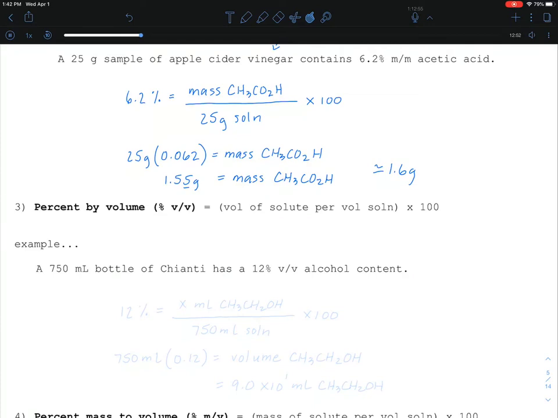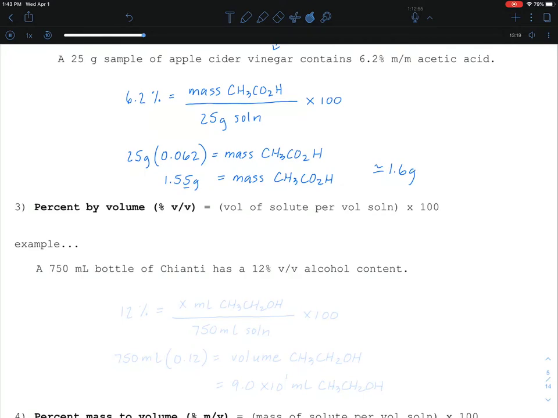You're buying a bottle of wine. So in this next example, I have a 750 milliliter bottle of Chianti, and on the label it says it has 12% by volume alcohol content. So that's telling you that in that 750 milliliter bottle of wine, 12% of that solution is ethanol.